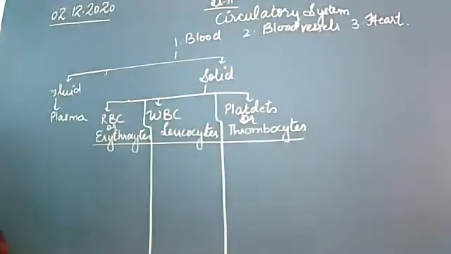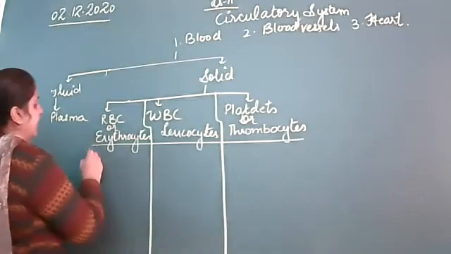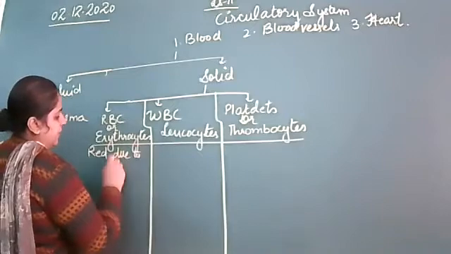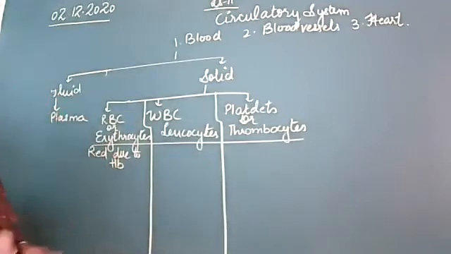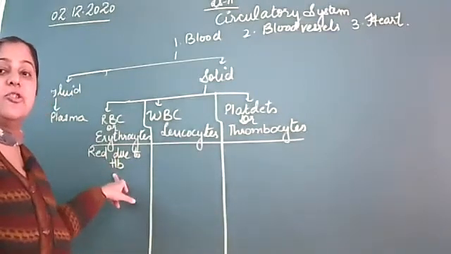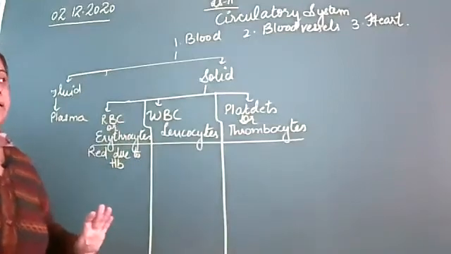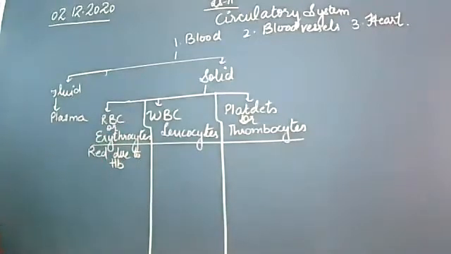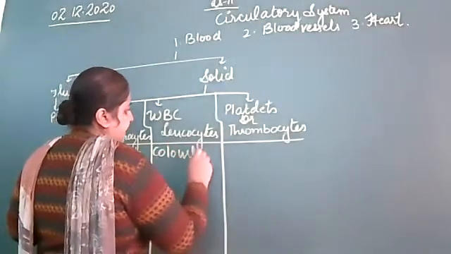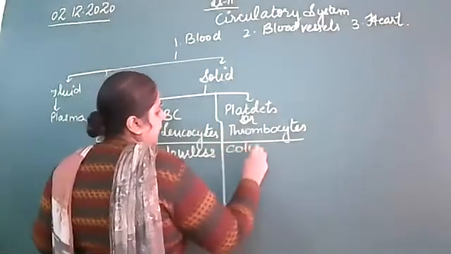Hanji. Coming to RBCs. RBCs are red in color, red due to HB, hemoglobin की वजह से. What is HB? It is a pigment that imparts red color to RBCs. Now WBCs are colorless and platelets are also colorless.